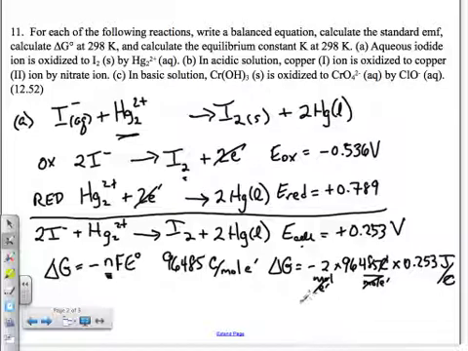When I multiply these, I end up with a delta G for this reaction of negative 4.88 times 10 to the 4th joules. I could change that into kilojoules and it would be negative 48.8, but when I plug it into the next equation to get my K, I need to leave it in joules. So I'm going to leave it in joules.